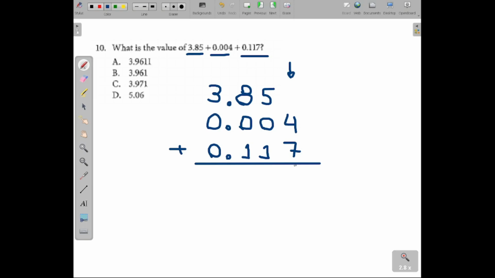First 4 plus 7 is 11. We hold 1. 1 plus 5 is 6 plus 1 is 7. 8 plus 0 plus 1 is 9. Point, and 3 plus 0 plus 0 is 3. So our answer is 3.971, which is C.